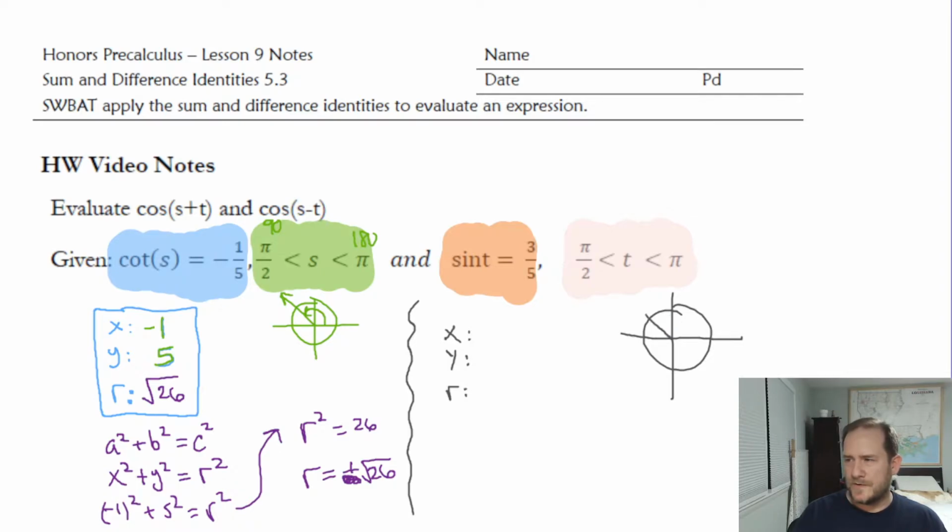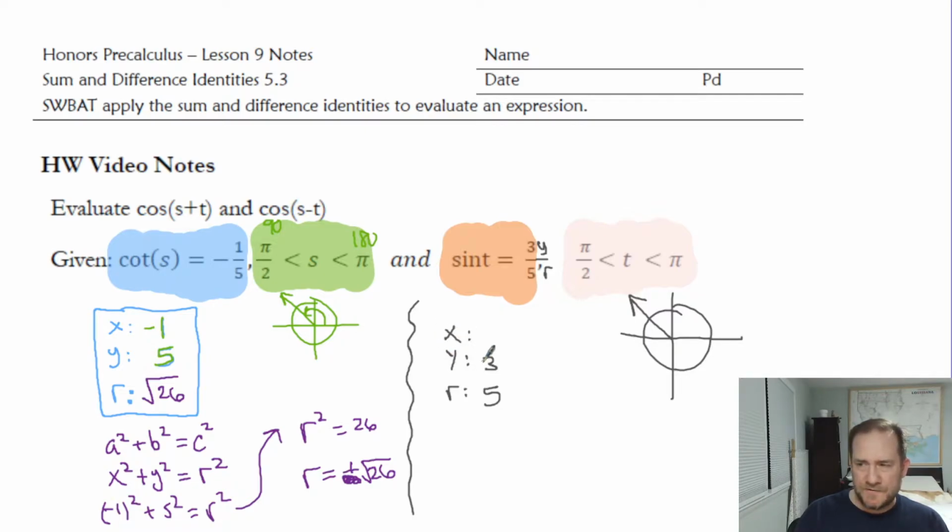Yeah, we're still in quadrant 2 for angle T. Sine is y over r. So that tells me that my radius is 5, and the radius can't be negative. It tells me that my y is 3. And it's got to be positive, because if it was negative, we would get a negative sine value. So what about the x?